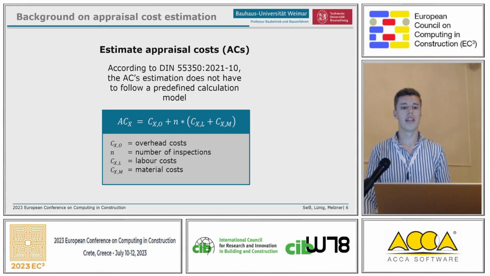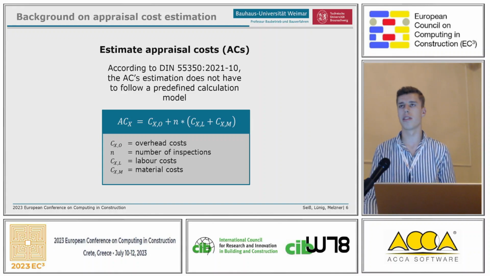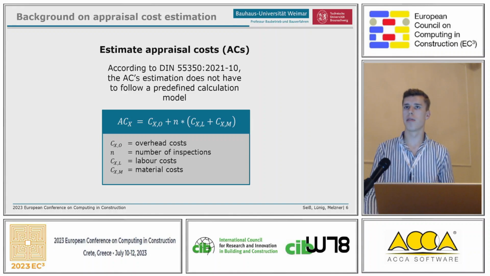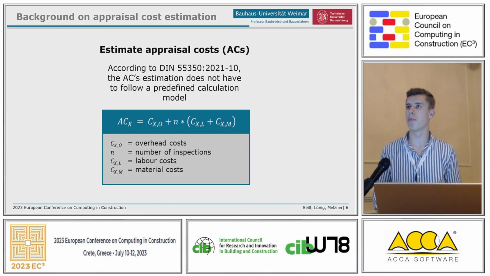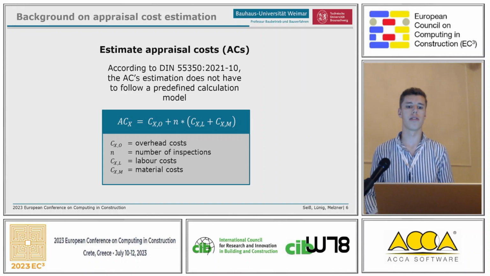That means, depending on the number of inspections, the cost depends on the labor cost on the one hand and the material cost on the other hand. So we tried to transfer this estimation to an ontology, because we have lots of different inspection methods, and so we try to calculate these costs.